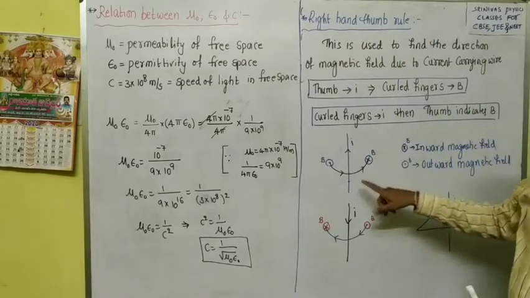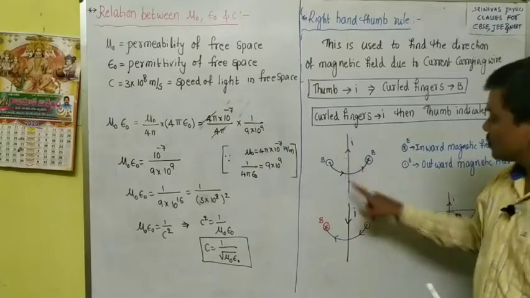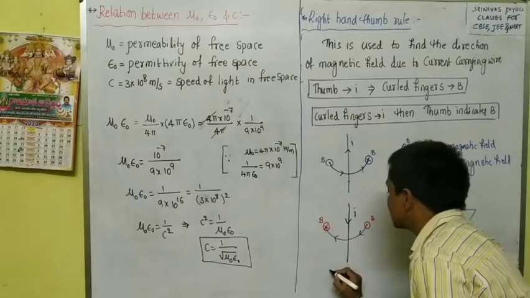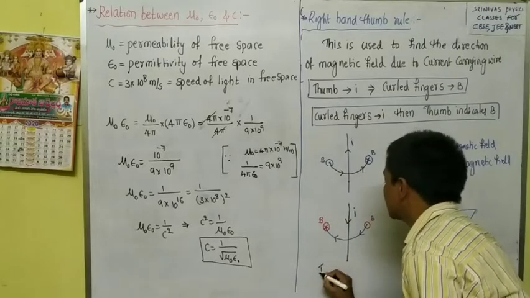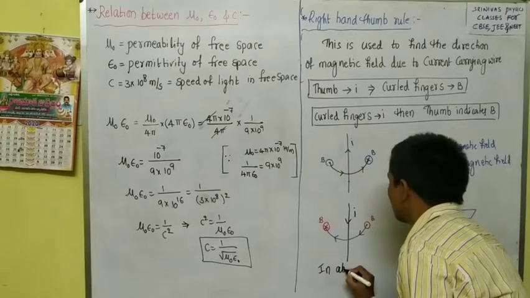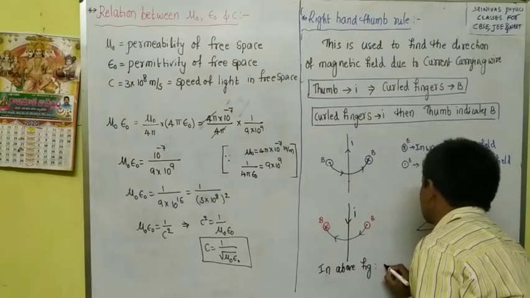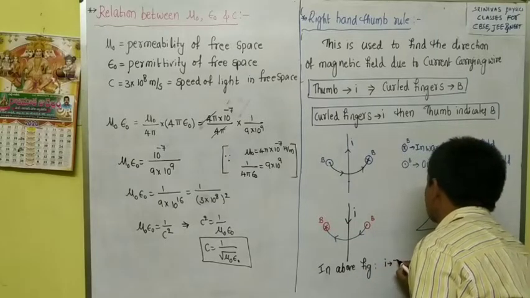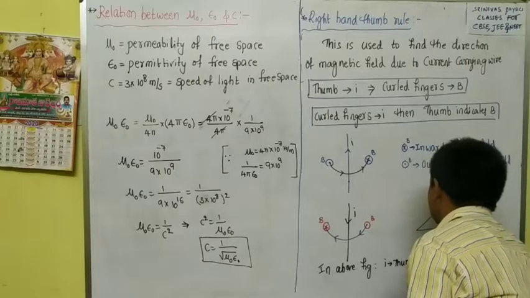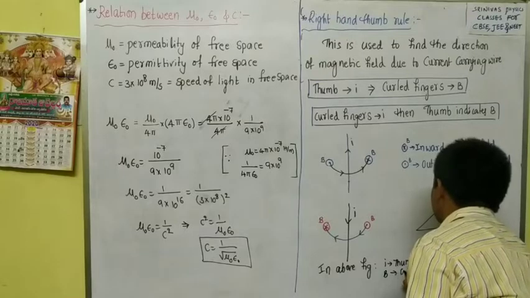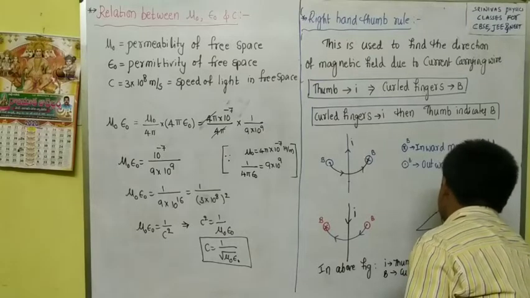In these two cases, the current is indicated by the thumb and the field by the curled fingers.